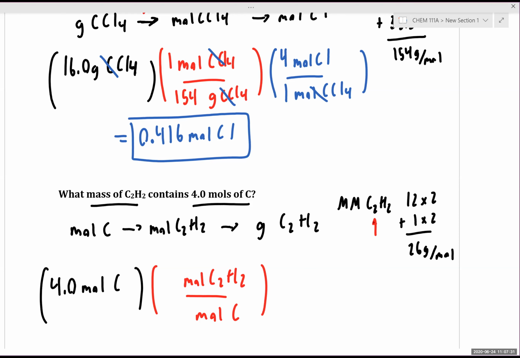What's our moles of carbon per mole of C2H2? How many carbons do we have? 2 to 1. Yep, exactly. We have 2 moles of carbon per 1 mole of C2H2.